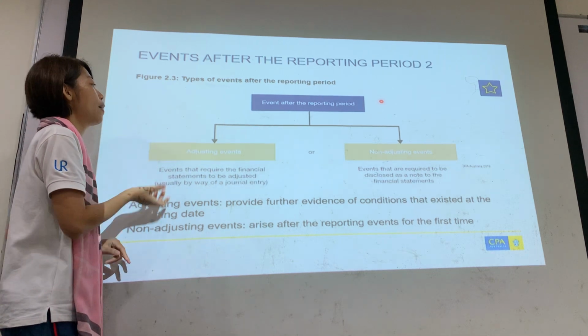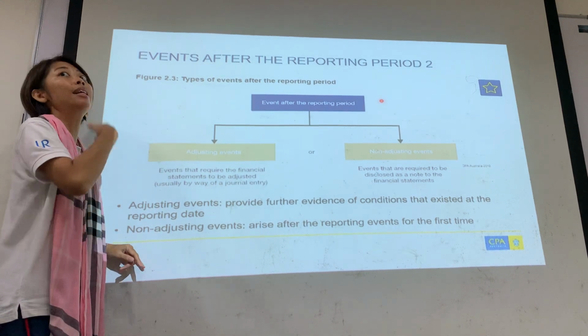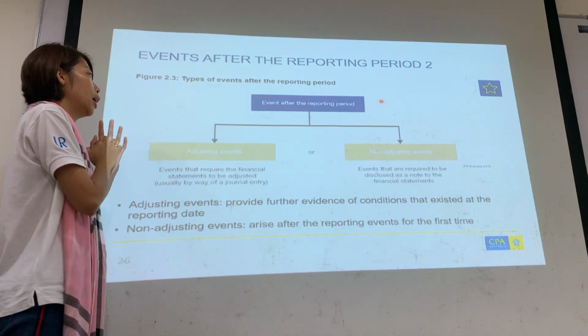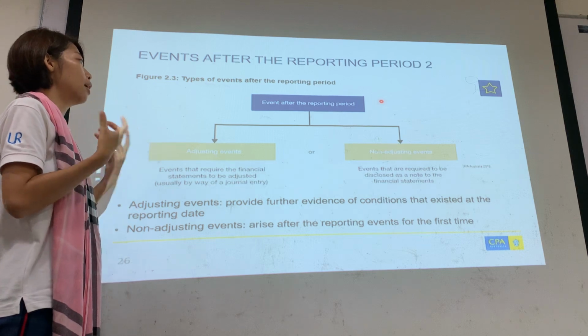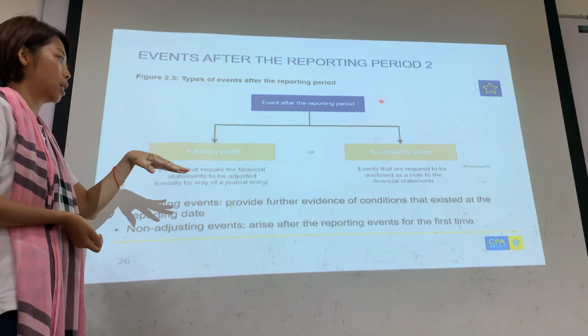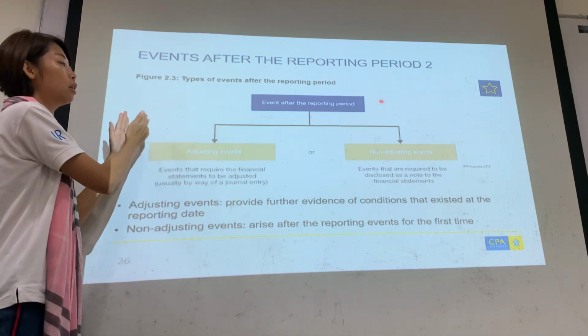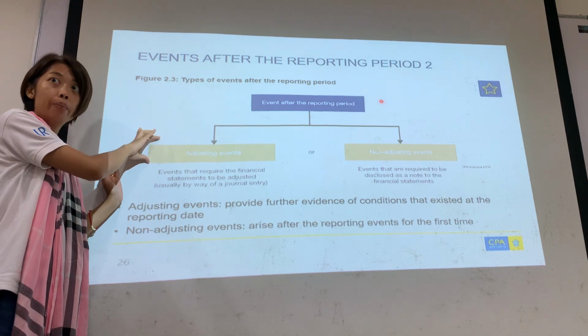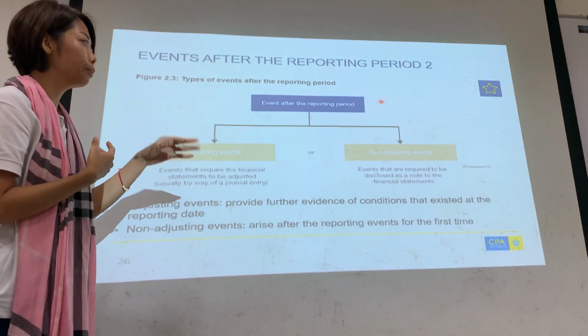How to adjust? I will debit the expense back, and I will credit trade receivable to make it zero, because I cannot ask for the outstanding balance from this company. This company is in liquidation in August. So I have to adjust it at the end of the year in June. That's called an adjusting event.